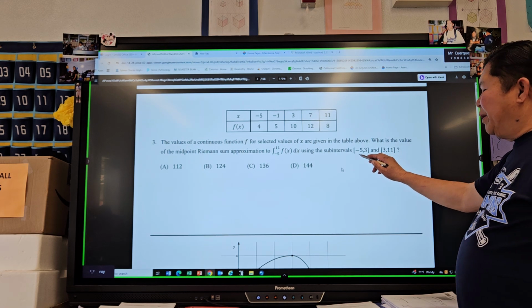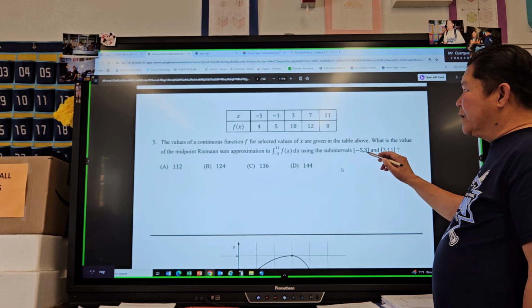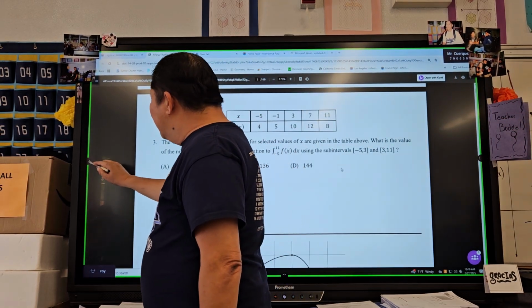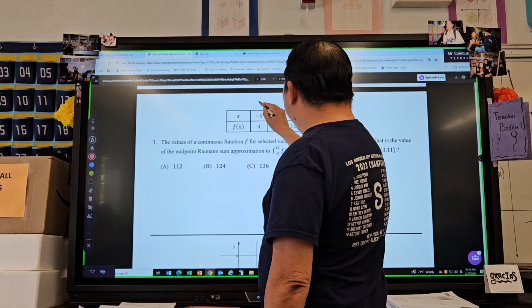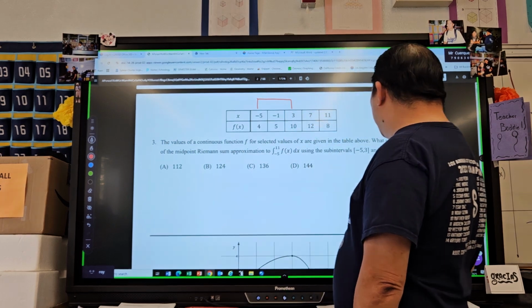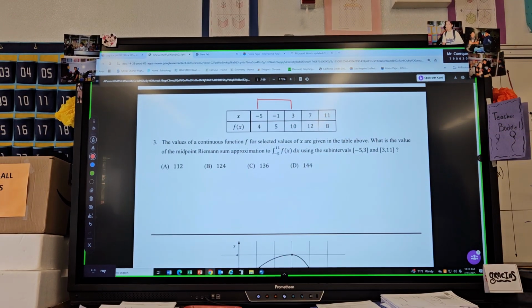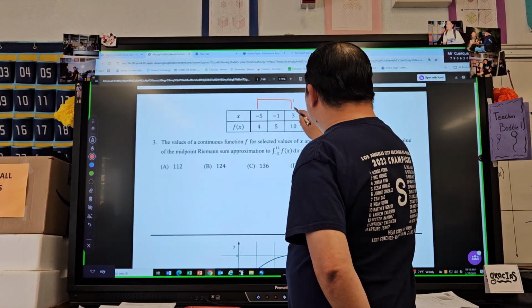Okay. The subintervals are given right here. From -5 to 3, and the next subinterval is from 3 to 11.